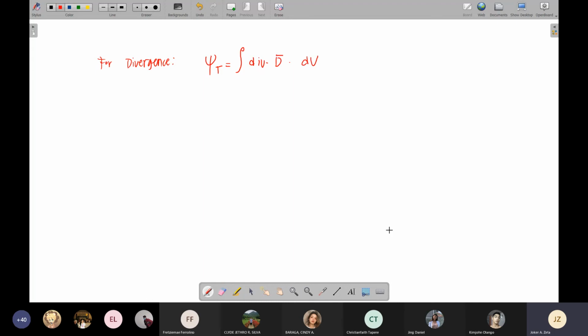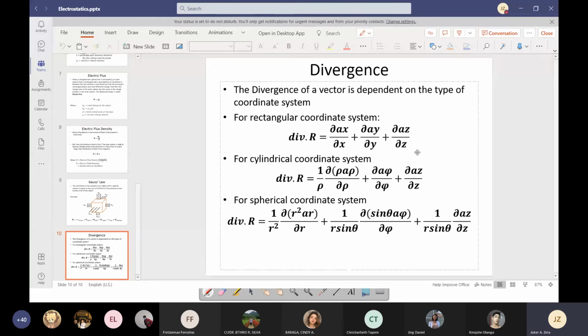Okay? That's how simple the divergence is. Even if getting the total flux from the divergence is simple, the difficult part is getting the divergence first. It's okay, or easy, if it's a rectangular coordinate system, but what if it's spherical?